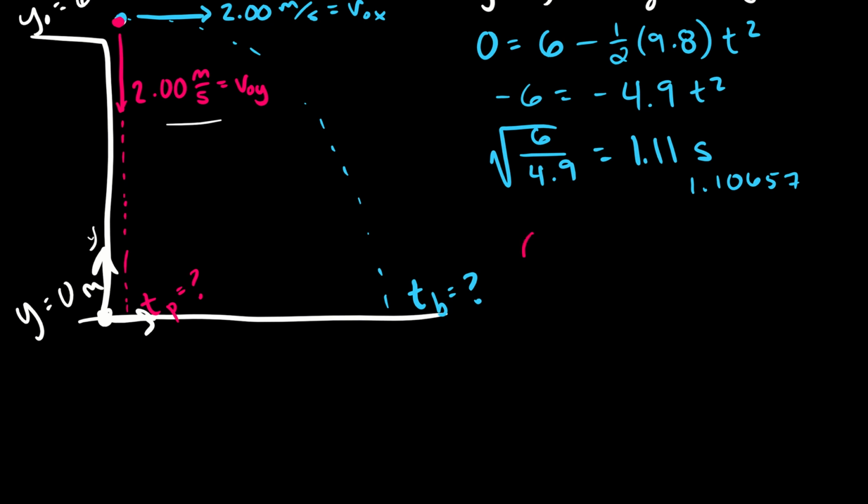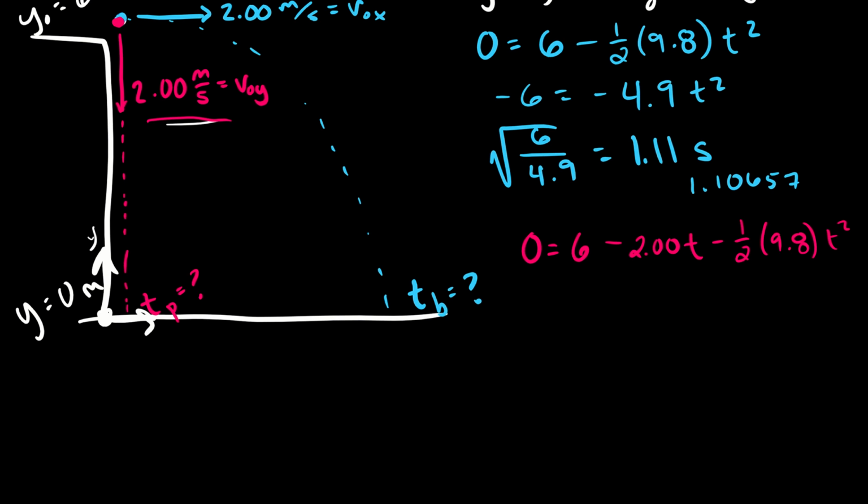So we still have its final position is 0, initial position is 6, but then the initial velocity in the y is going to be negative 2.00 meters per second times time, and then we still have minus 1/2 g t squared, so 9.8 t squared. I made this negative because I drew it in the downward direction on my picture. So when I plug in my 2 meters per second, I have to make it negative.